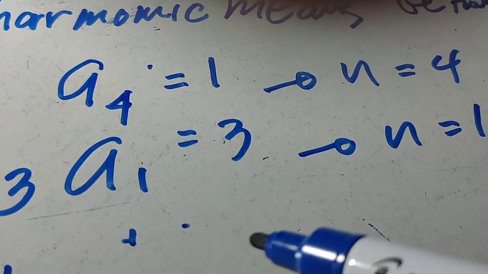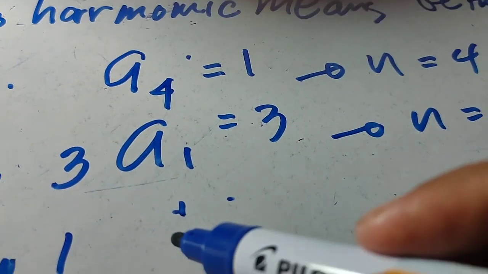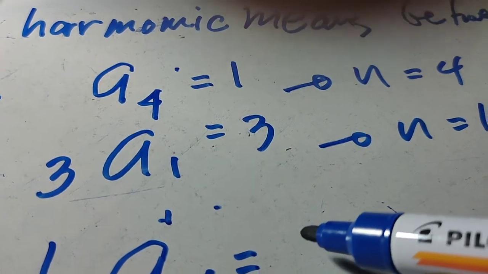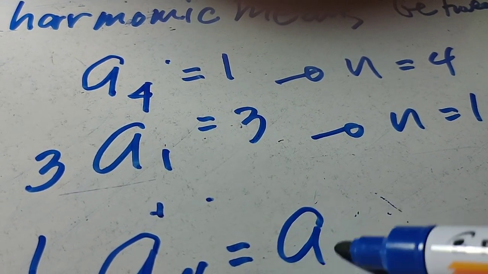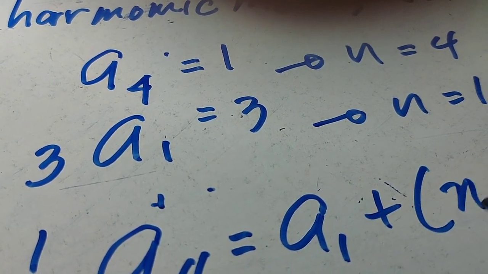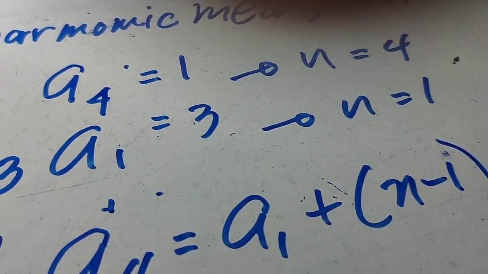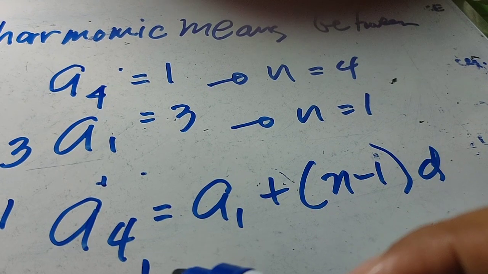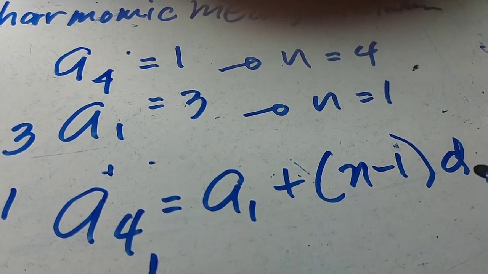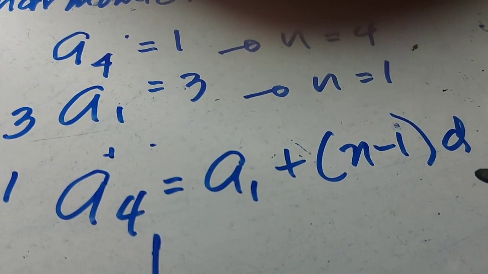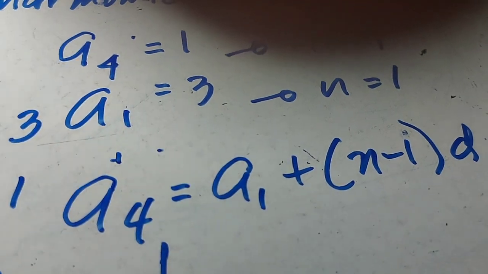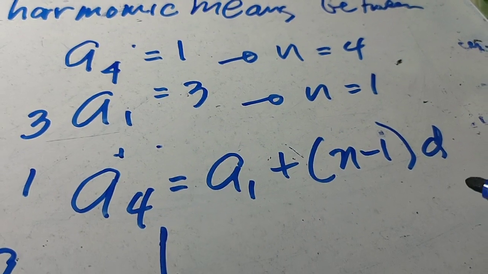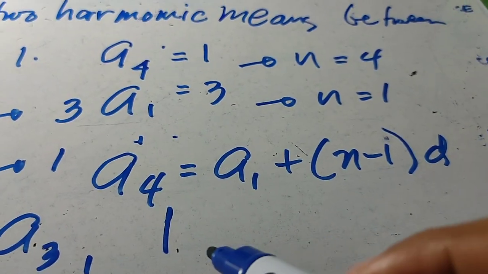And what is missing now is our d, because our a sub 4 is equal to a sub 1 plus n minus 1 times d. So we have our a sub 4, we have our a sub 1, but we do not have the common difference. So in finding the means, in this case, we have to look for the common difference first.